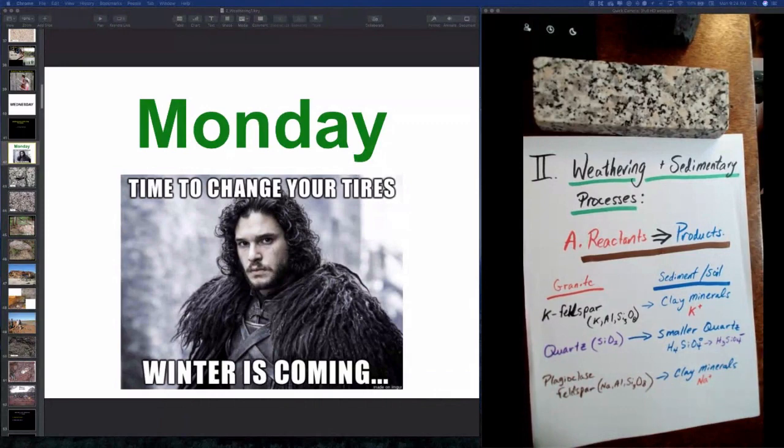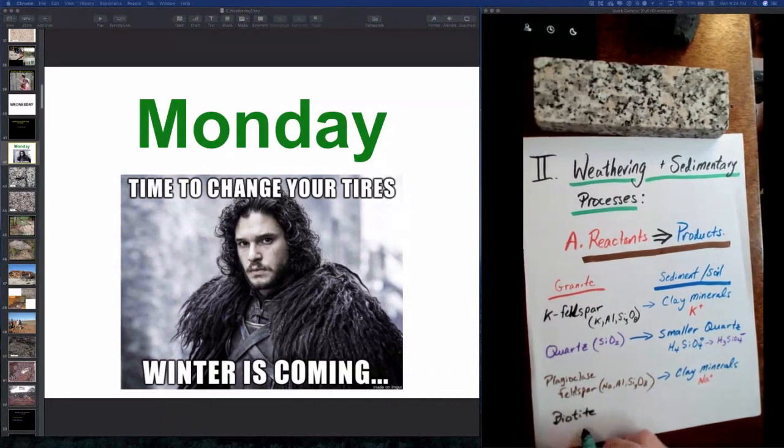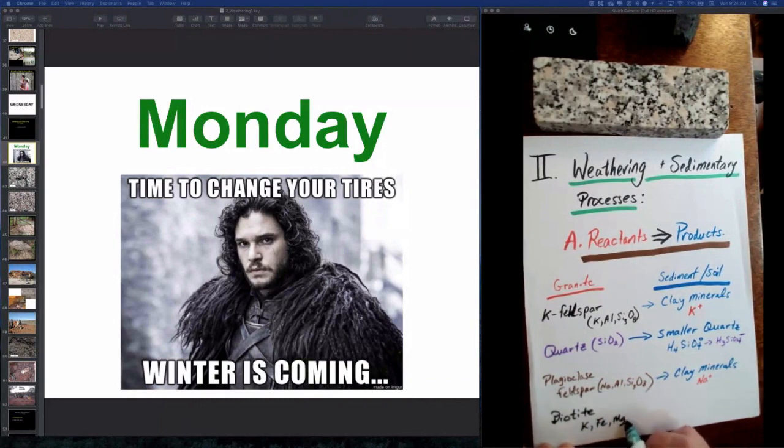Okay, and then we have a black mineral, biotite, black mica. And it's got potassium. Man, there's a lot of potassium around, isn't there? Iron, magnesium, aluminum, silicon, and oxygen.